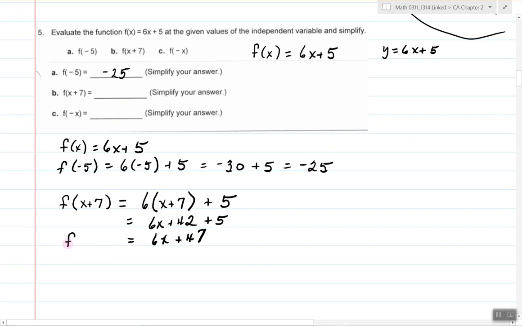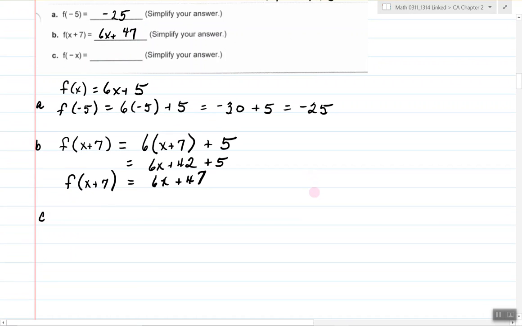So f of x plus 7 is this new expression. So I will put 6x plus 47. So this was A, and this is B. Part C asked me to find f of negative x.